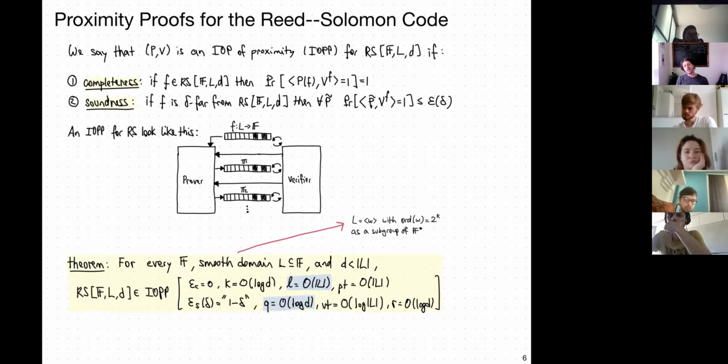Namely, you take some multiplicative subgroup, some cyclic subgroup of order 2 to the k. Roughly, what does that mean? For example, if I take F and remove 0, then I have this nice multiplicative subgroup. And I just want this subgroup to play nicely with bits, so I want it to be of size 2 to the k.